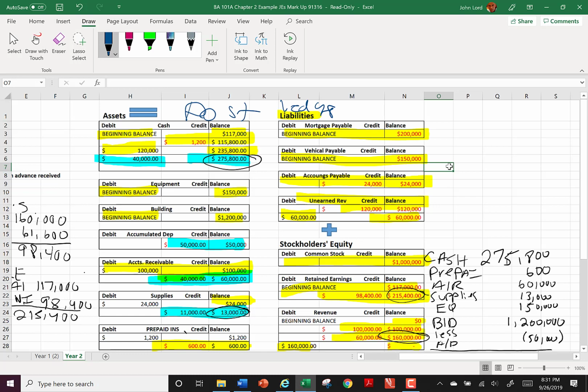We started with 117, we increased it by 120, we increased it by 40, we decreased it by 12. If you don't believe me, use your calculator. That gives you the ending balance, doesn't it? Okay, good.